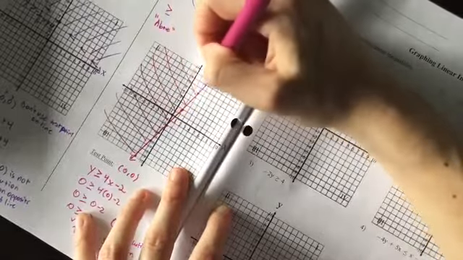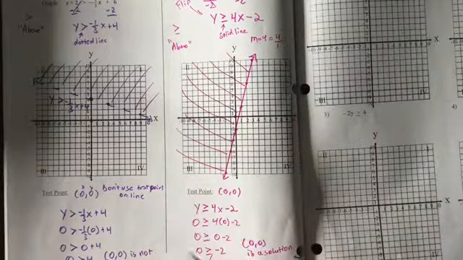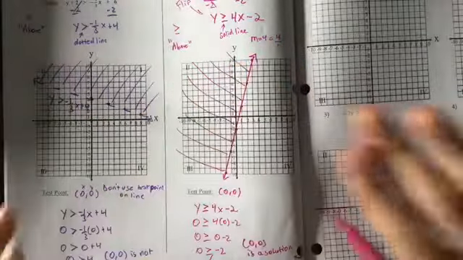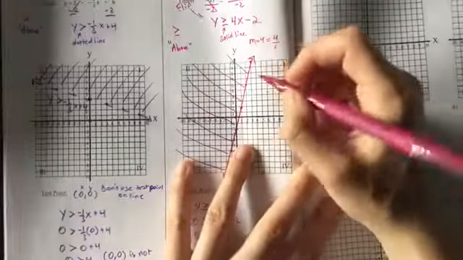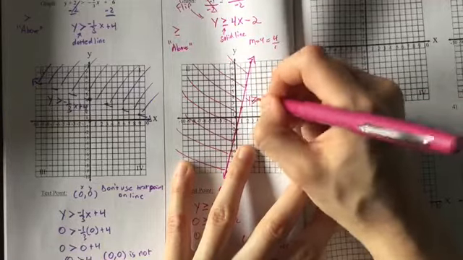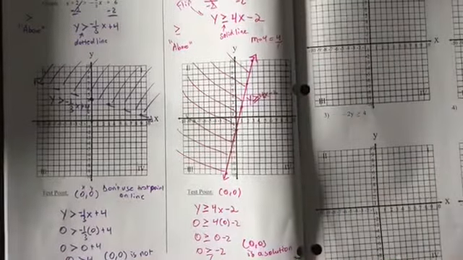They don't have to be super dark or super close together. It's good that I can see through it, because tomorrow we're going to graph 2 inequalities on the same coordinate plane, and there's going to be an overlap and a cross-hatching. Last thing we want to do, label our inequality. And there we go.